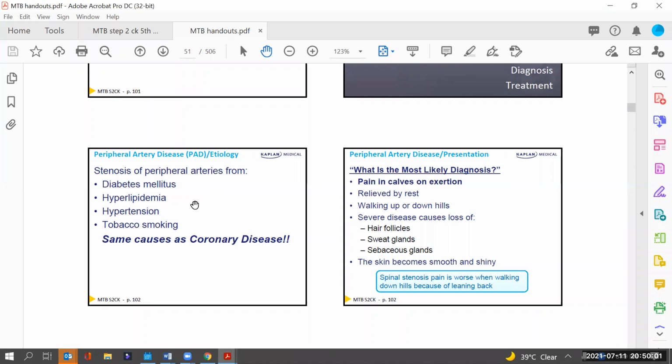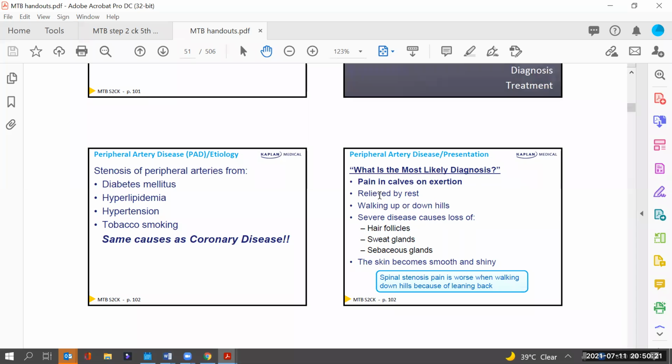Whenever there is a stenosis, it can lead to peripheral artery disease. There will be less blood supply to the lower limb, so we can say this is chronic limb ischemia, and it can lead to infarction. What is the most likely diagnosis?